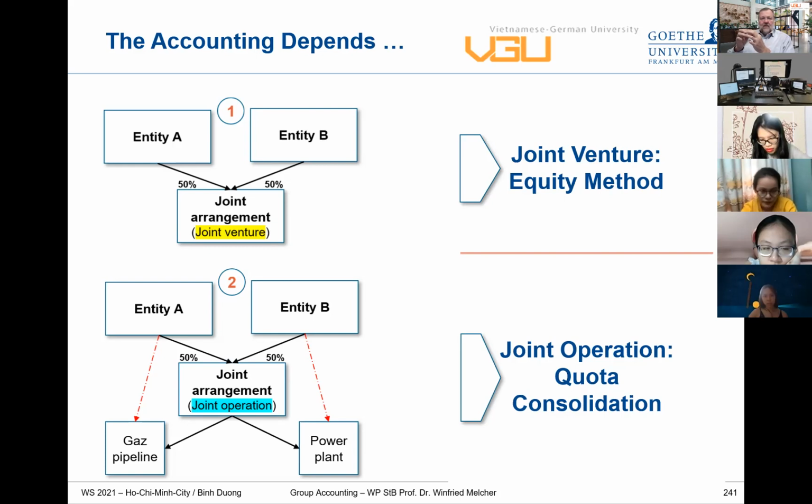That is why we look at the joint venture the same as if we have a significant influence, and we account for it similar to an associate.